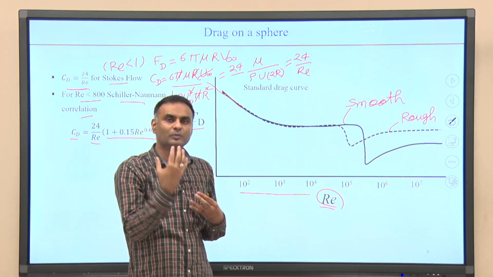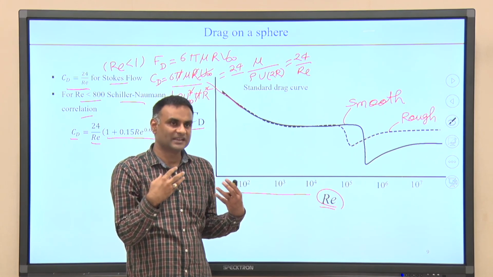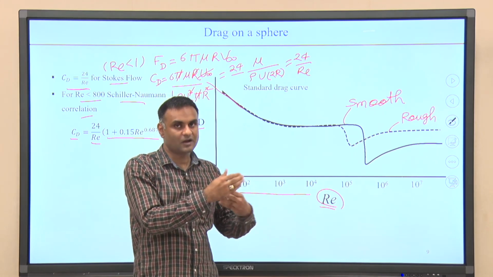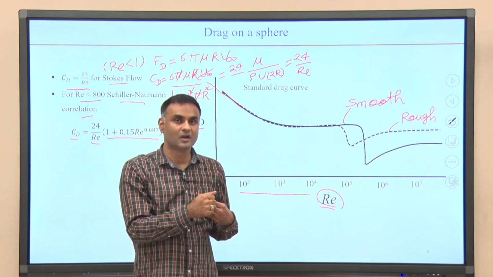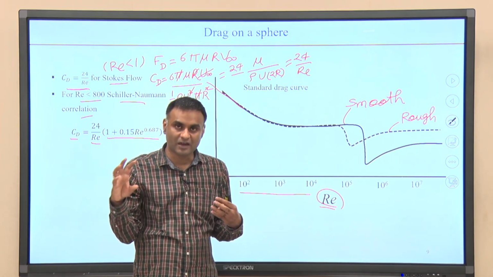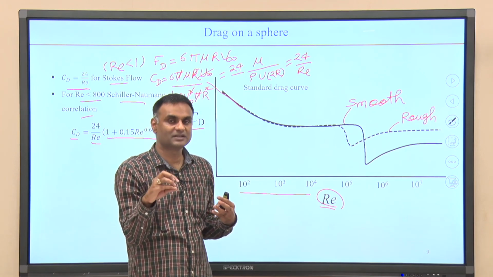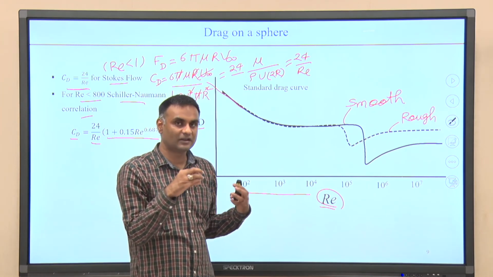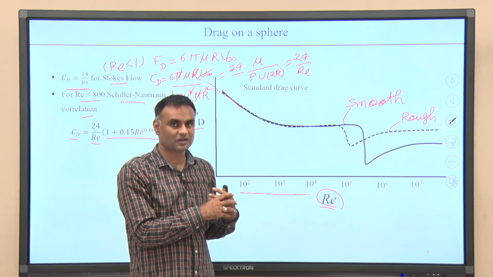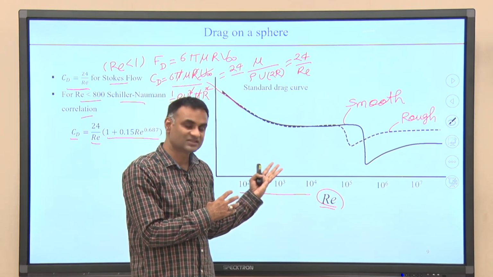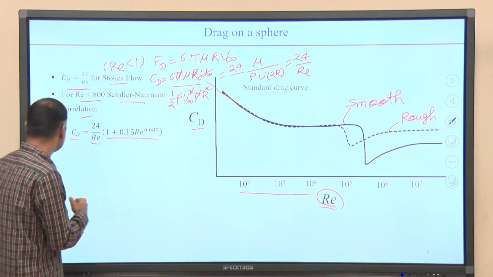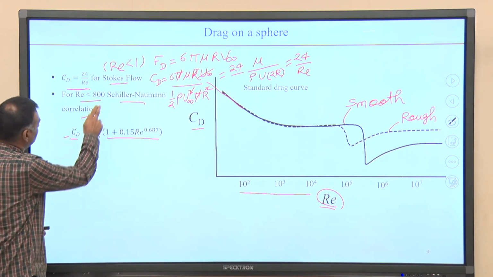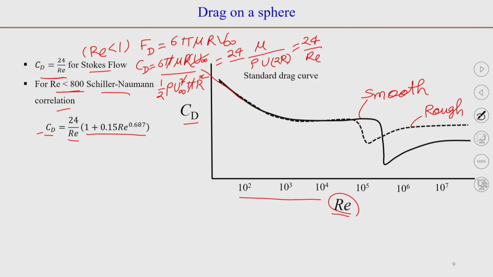So, it is not possible to find an analytical solution using the boundary layer and outer region solution approach, but people have done experiments and measured the drag force, and they also have done numerical simulations, and this standard drag curve has been verified. So, one can use the Schiller and Naumann correlation quite confidently up to Reynolds number less than 800.